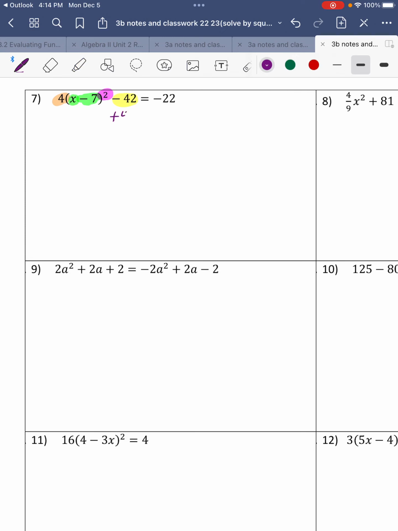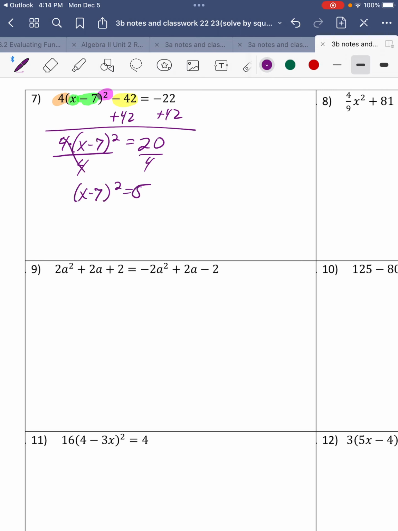The last thing I said was subtract 42, so I got to add 42. Then the second to last thing in order of operations, the reverse order is multiply by 4, so we divide by 4. 20 divided by 4 is 5, so anytime you can simplify, always do it at any step.